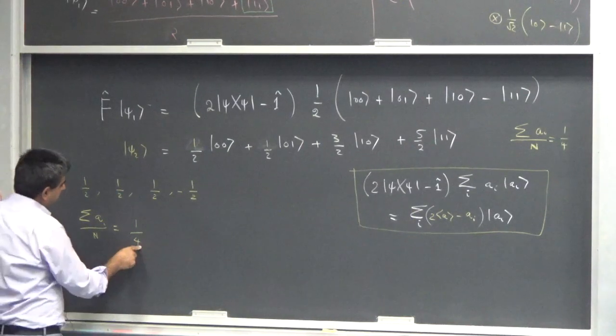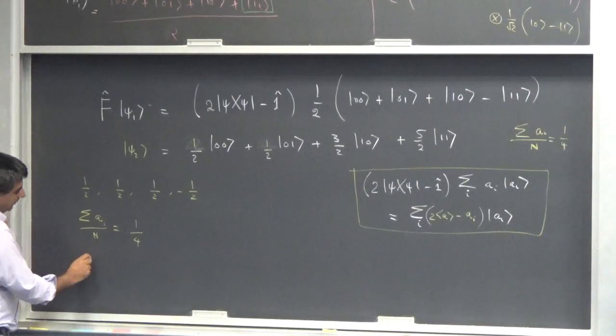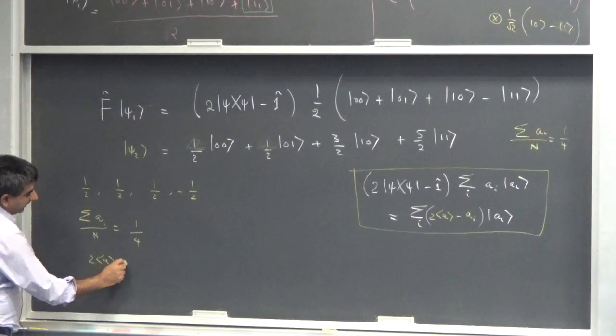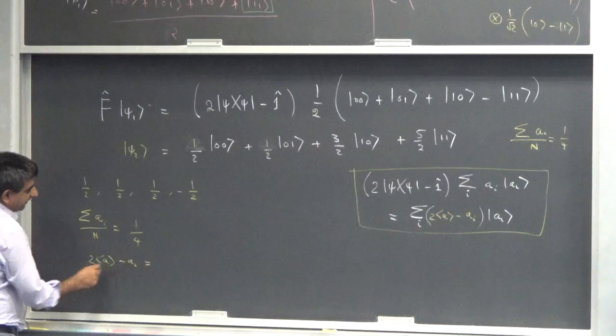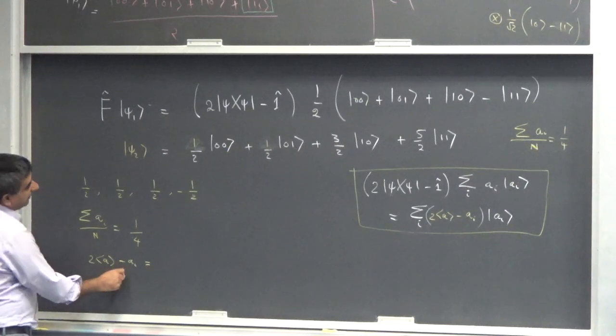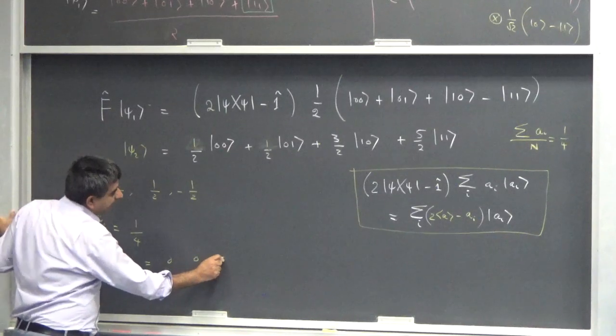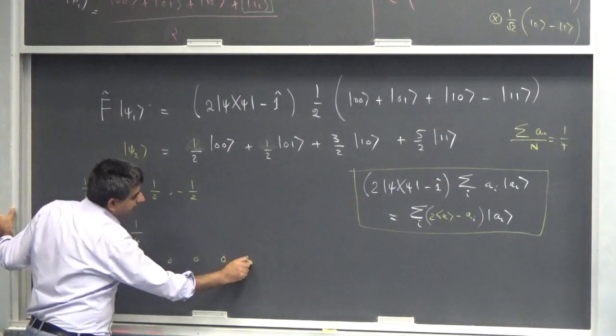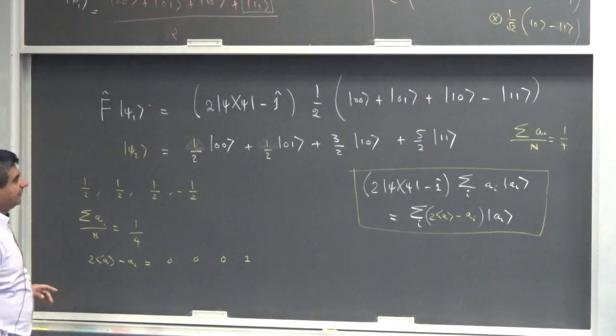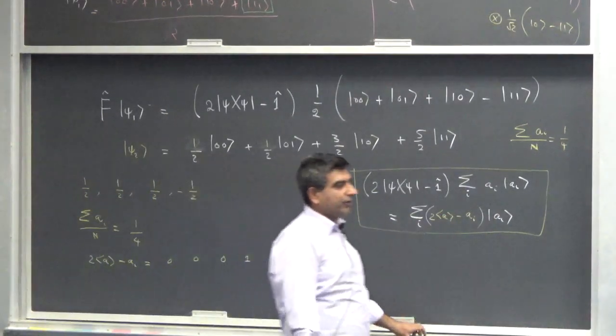So I multiply this with 2, so I get 2 times A minus A_i. This is 1/2 minus 1/2, 0, 0, 0, and 1. Correct? Alright, so well and good.